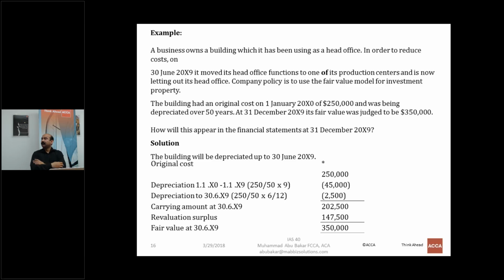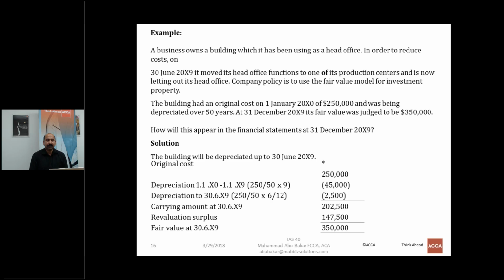Let's have a look at an example which explains the last concept. Example: a business owns a building which it has been using as a head office. In order to reduce cost, on 30th June 2009, it moved its head office function to one of its production centers and is now letting out its head office.